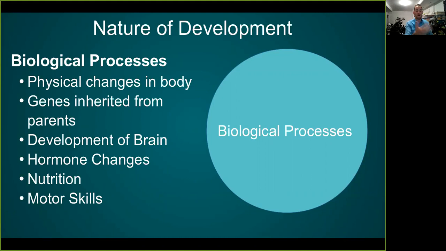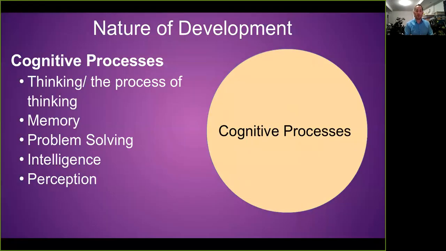Our genes, nutrition, and motor skills are also biological. Cognitive processes are our thinking and how we think about thinking: our memory, the way we problem solve, our intelligence, and our perception, how we see and perceive the world.